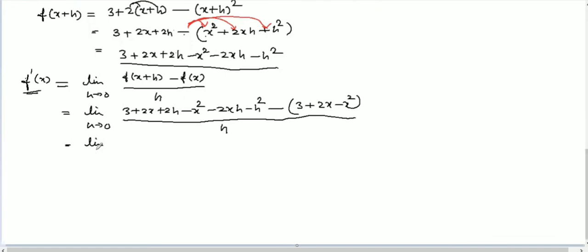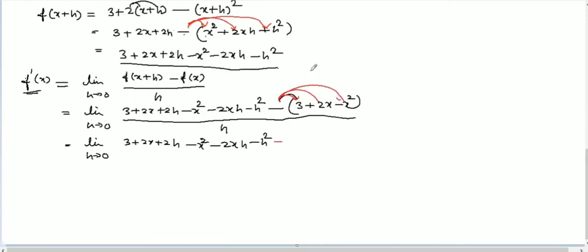Now limit h tends to 0, simplify this one: 3 plus 2x plus 2h minus x square minus 2xh minus h square. Now multiply by the minus sign and open the bracket here, this one separately.